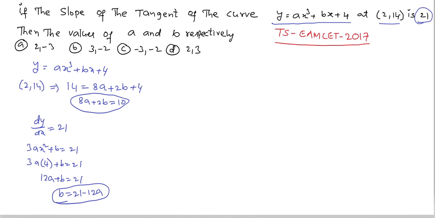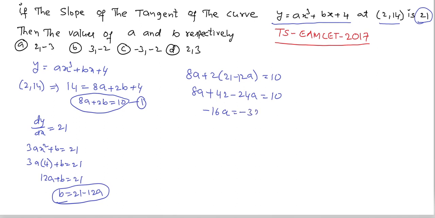Substituting the b value in the first equation, that is 8a plus 2 into (21 minus 12a) is equal to 10. That is 8a plus 42 minus 24a is equal to 10. So 8a minus 24a, that is minus 16a, is equal to 10 minus 42, that is minus 32.